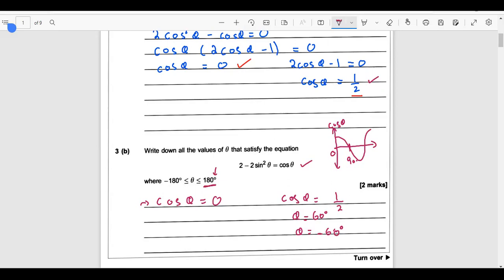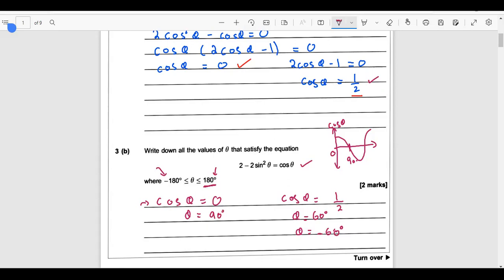Cos inverse 0. Yeah. Okay, very good. So one angle is turning out to be 90 degrees, but whenever you have a range, you need to think about all the possible angles. So what other angles would there be for this?